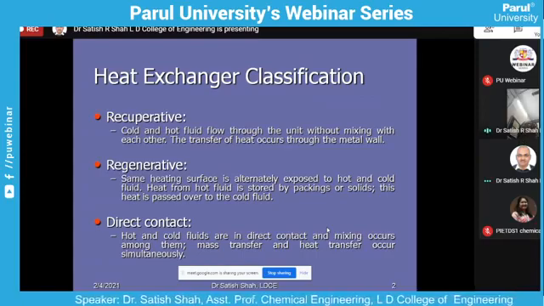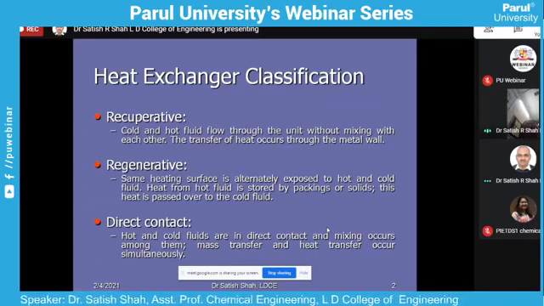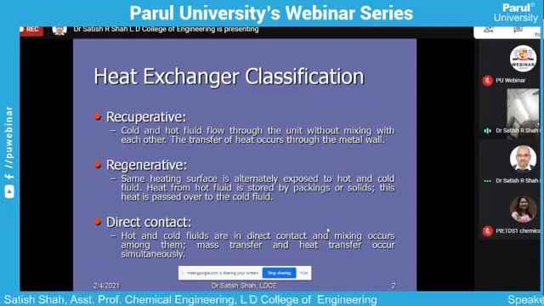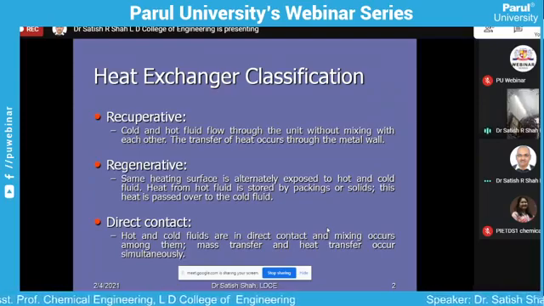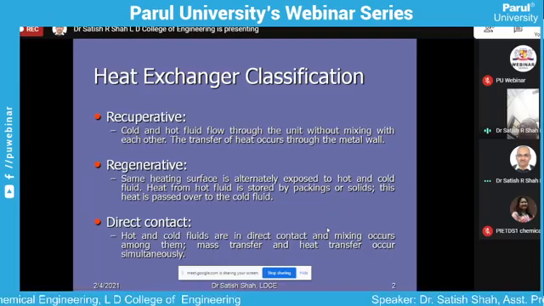So hot cooling water enters from the top of the cooling tower, and side by side air is drawn with the help of an induced draft cooling fan, and there is heat transfer. Basically, there is heat transfer as well as mass transfer, so it is known as simultaneous heat and mass transfer.